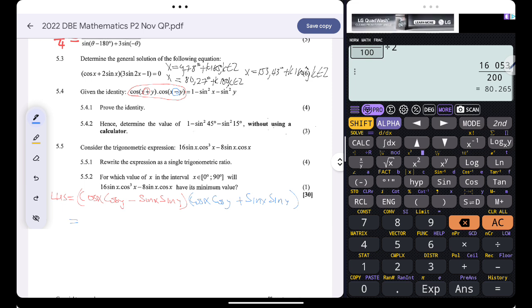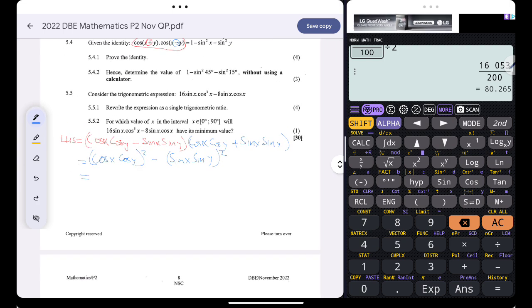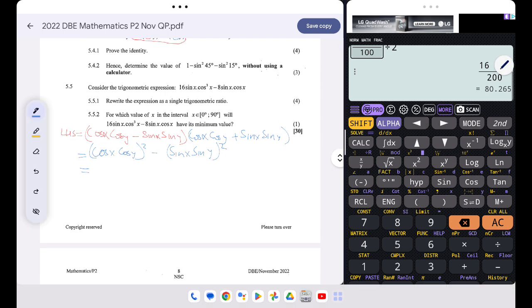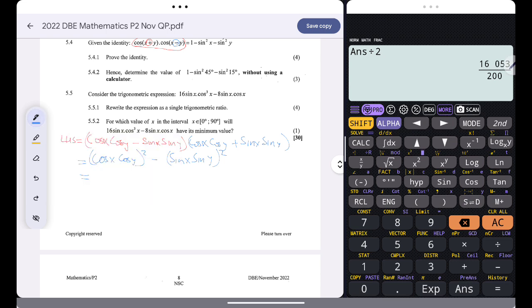So which simply means that we had a situation like cos x cos y all squared minus sine x sine y all squared, and this thing will give us cos squared x cos squared y minus sine squared x sine squared y, right?